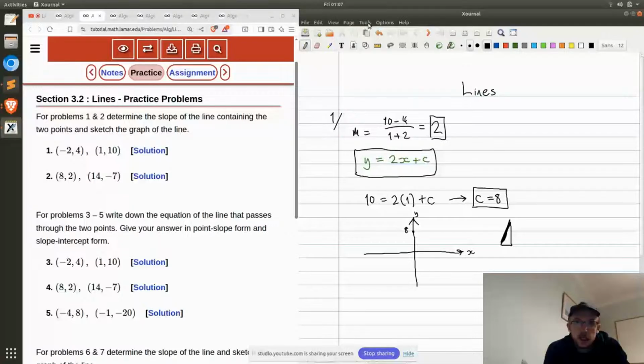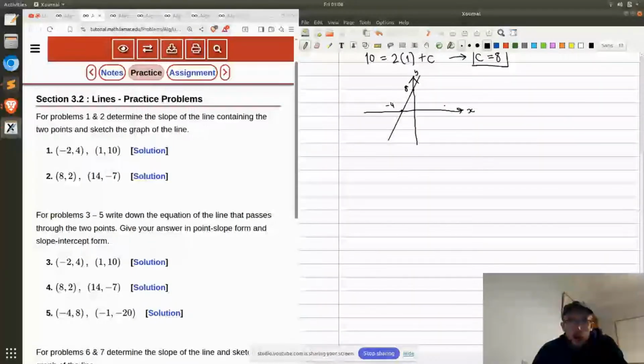In this case, I'm going to say where it crosses the y-axis and where it crosses the x-axis. It crosses the x-axis at -4, right there. And then it will be the unique straight line that passes through those points, which is something a little bit like that.